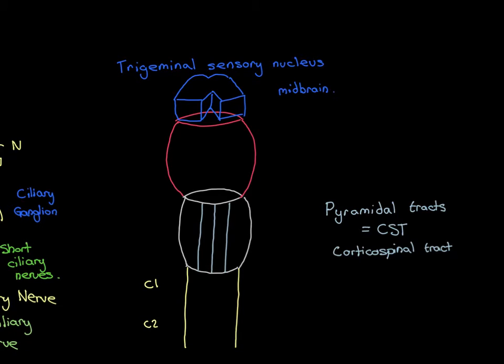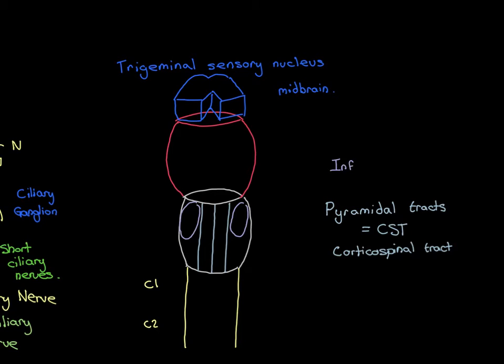The other bumps that you see on the anterior surface of the medulla are the inferior olives, and I'll try and get the colour, actually now, I'll go for another colour, spice it up. So these are on the front of the medulla, and they're in the superior part of the medulla, not in the inferior portion. So there are these bumps on the anterior surface of the medulla, which are the inferior olives.